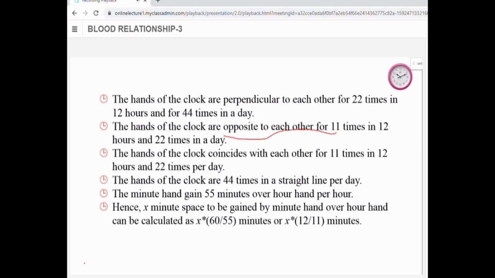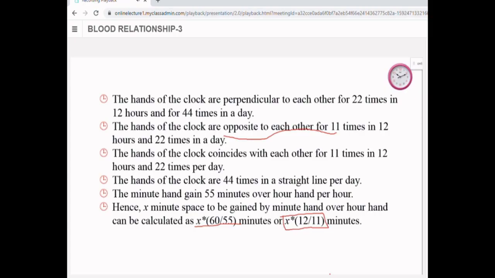Now, from where did you get this 60 upon 55? इसलिए वो ऊपर वाला point, 55 gain हो जाता है in 1 hour. So 60 upon 55. But 60 upon 55 is nothing else but 12 upon 11. So this formula you remember. x is the minutes.